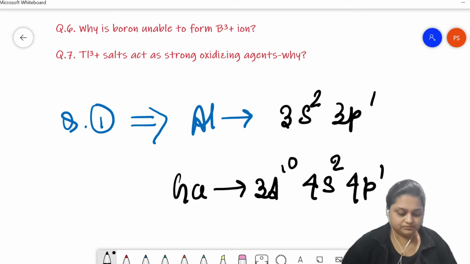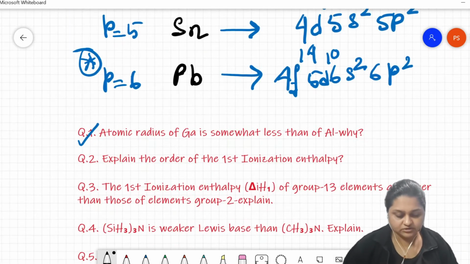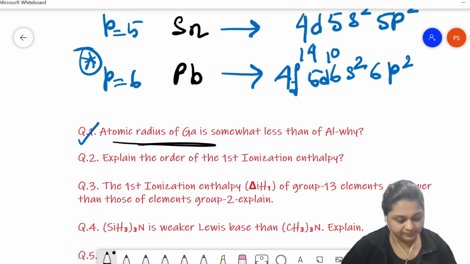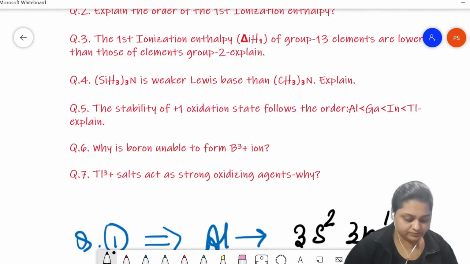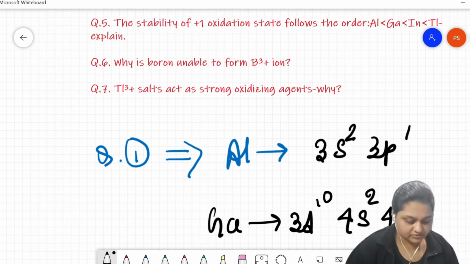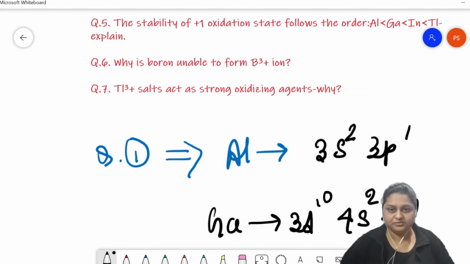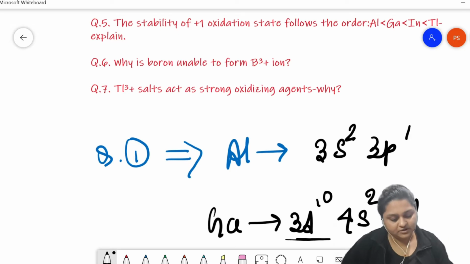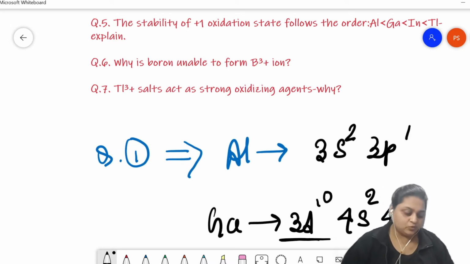So the question is saying that the atomic radius of gallium is shorter, less compared to aluminium. Now, as gallium is below aluminium in the group, the atomic radius of gallium was supposed to be more compared to aluminium, but gallium comprises 10 d electrons as the inner electrons, which have a very poor shielding effect.